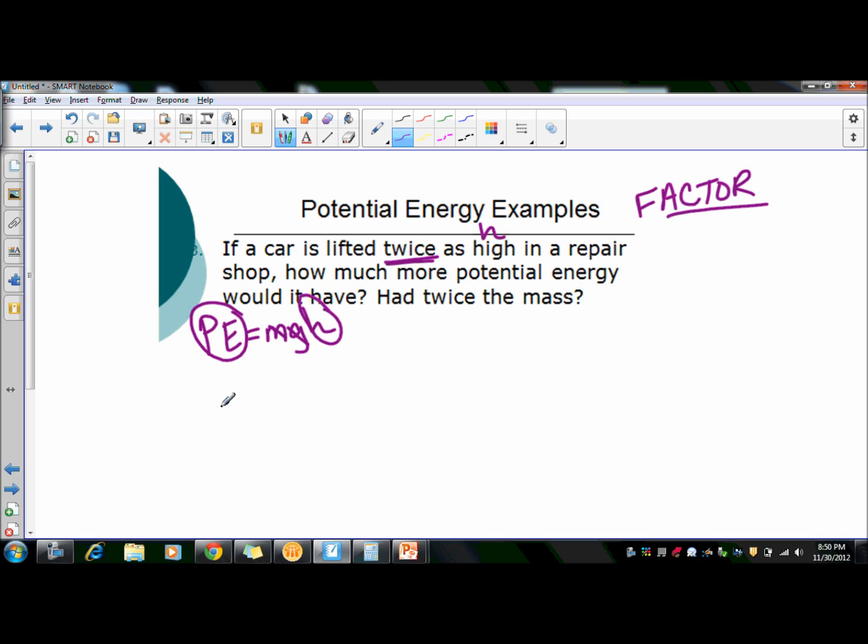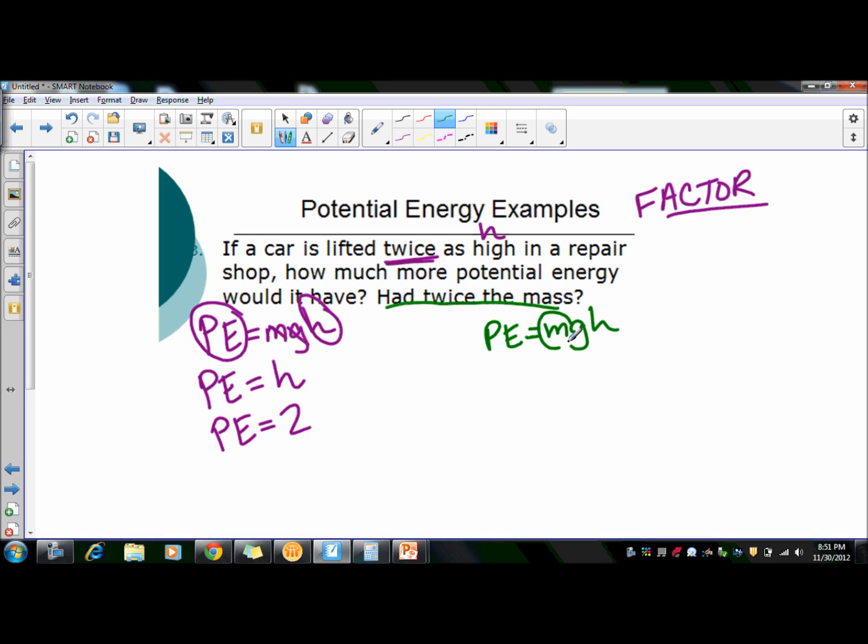So this is also changing. These two go away. So the change in potential energy is equal to the change in height. So the change in potential energy will be 2. So it'll be twice as much potential energy. The second part here asks what happens if it's twice the mass. So again, we start with the equation.